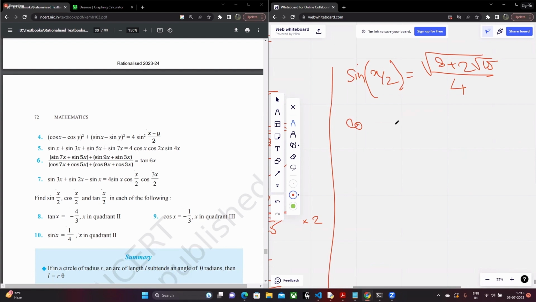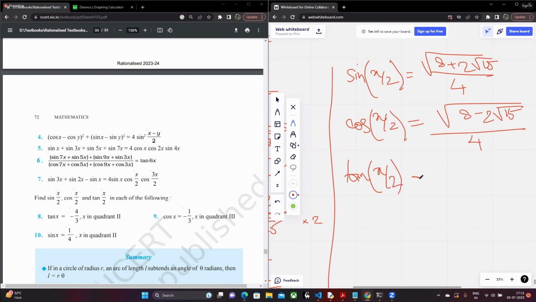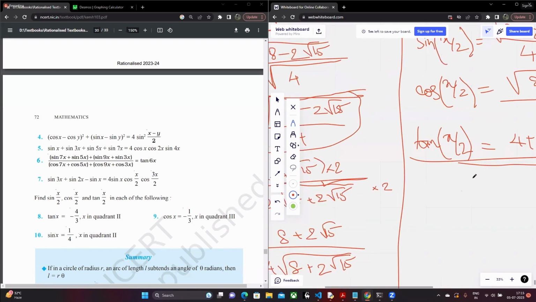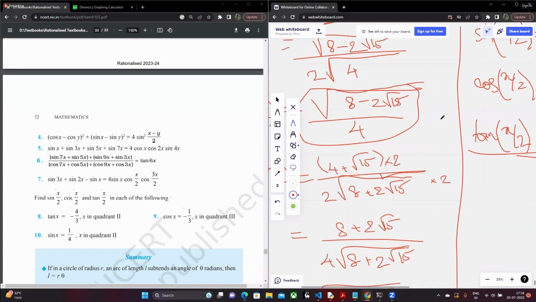Cos of x by 2 we have found to be square root of 8 minus 2 root 15 divided by 4. And tan of x by 2 we have found to be 4 plus root 15.